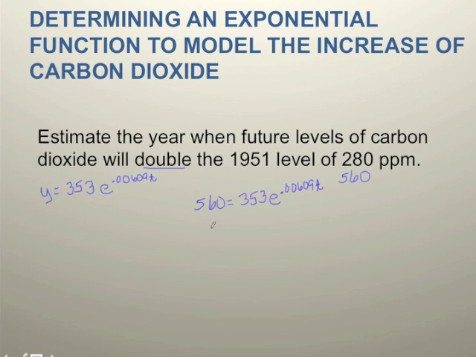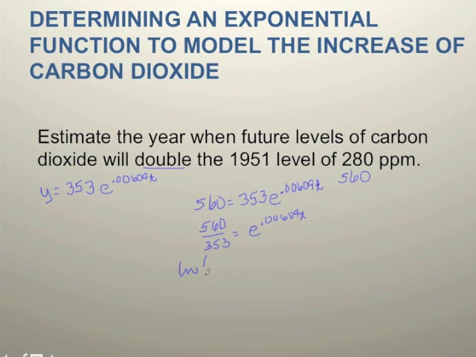We'll divide by 353, so 560 divided by 353 equals e to the 0.00609 t. Now we'll take the natural logs of each side.